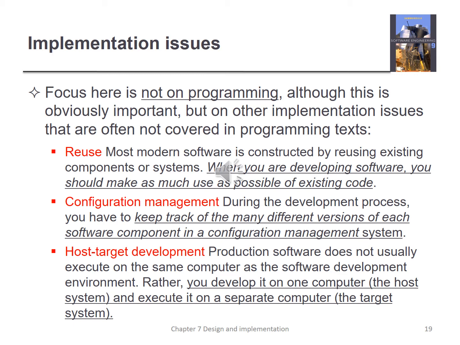Like the versions, how many programs, version 1, 2, 3, etc. That is needed in the development process and again in the maintenance process. Host-target development: production software does not usually execute on the same computer. If we are going to execute some of our system on a different platform, those are some issues I think we should consider in the implementation.